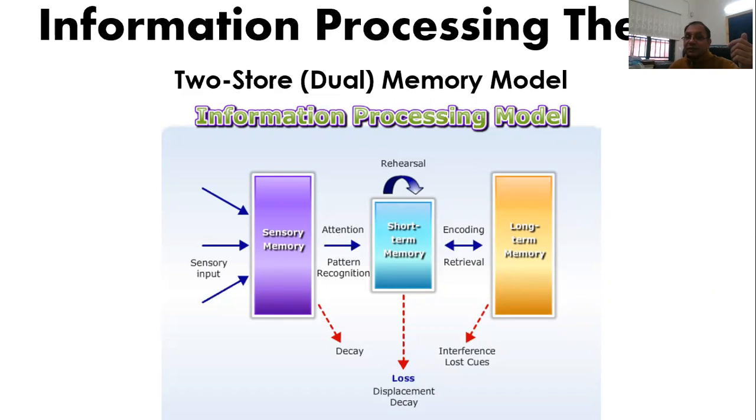As we store this information in short-term memory, it is going to disappear if we do not rehearse, or if we do not recall, repeat, or use this information. I have given many examples in earlier classes, for example, the times table in mathematics.